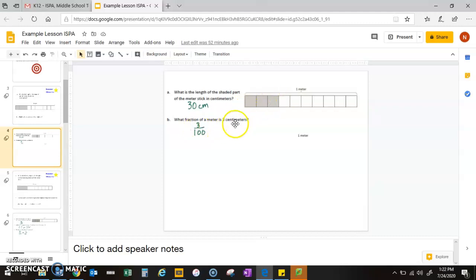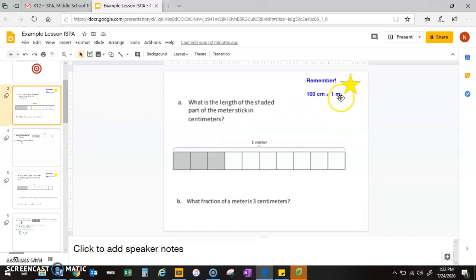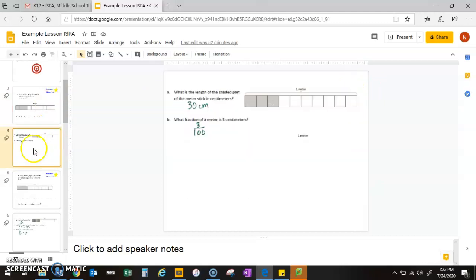What fraction of a meter is just 3 centimeters? I would have gone back and we would have seen, if each box is split into 10, only 3 of all of these, because again, our star, 100 centimeters equals 1 meter. We just have 3 hundredths.